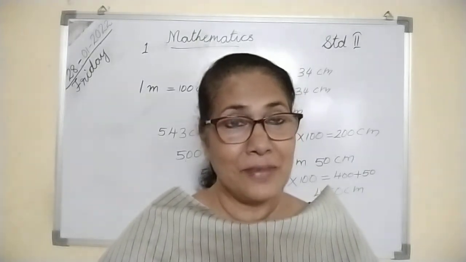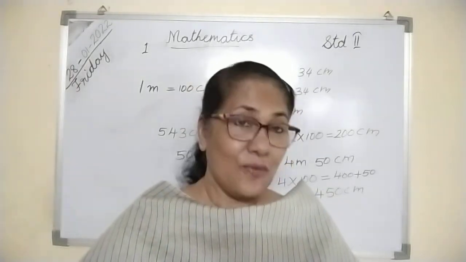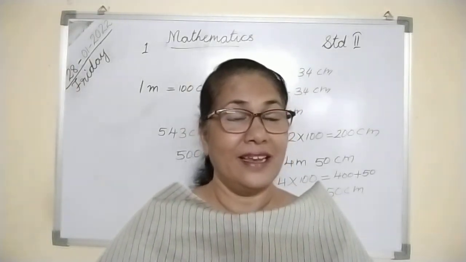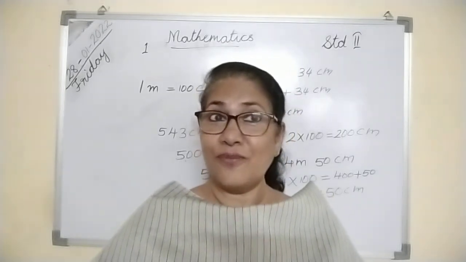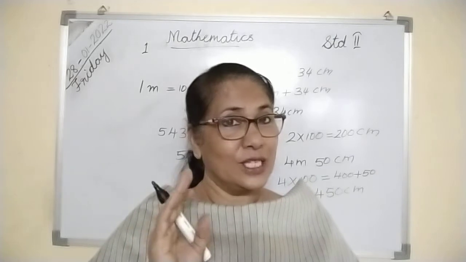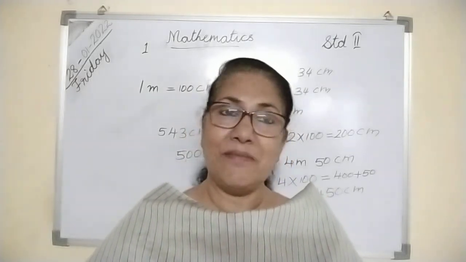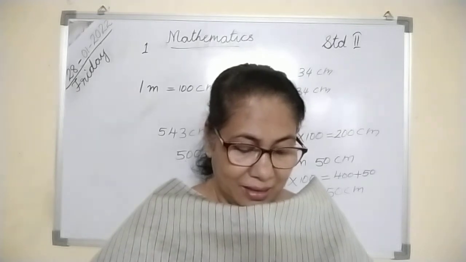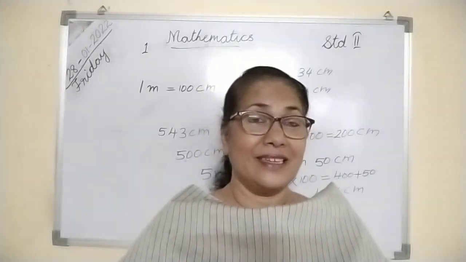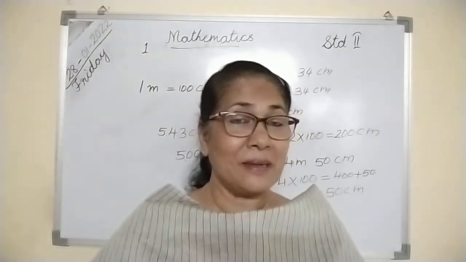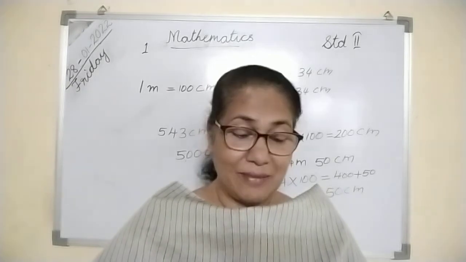Yes, 3 meters and 16 centimeters. 415, how many meters, how many centimeters? When you hear 400 itself, you know that is 4 meters and 15 centimeters. Next one, 705 centimeters. In 700, how many meters? Yes, 7 meters and 5 centimeters.